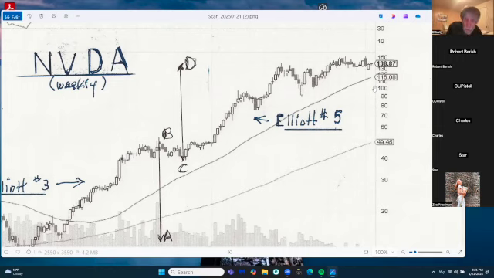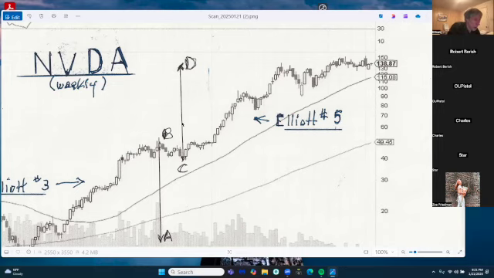Now, that would be an excellent place if you wanted to go long in it, perhaps, to catch a move back up. But just to let you know. Yep, that's about all I can think of here right now.